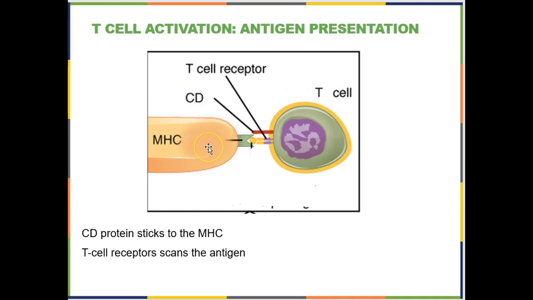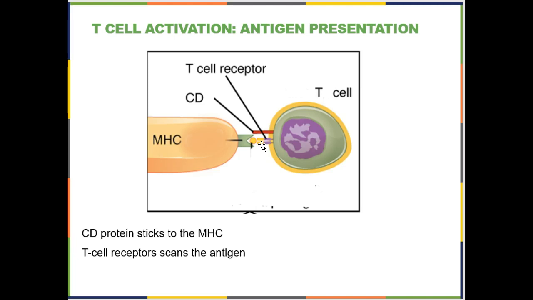So when an antigen presenting cell meets up with a T cell, two things happen. One is that the CD protein is going to bind to the MHC. So right here, that maroon and that green protein are locking together, and that's what's docking the two cells in an orientation such that now your T cell receptor can scan the antigen and determine if it's foreign or if it's supposed to be there.